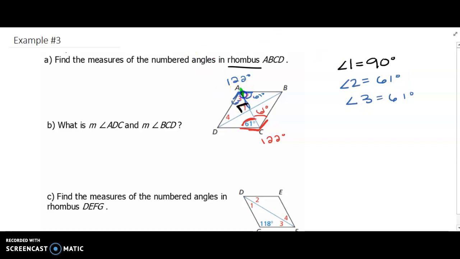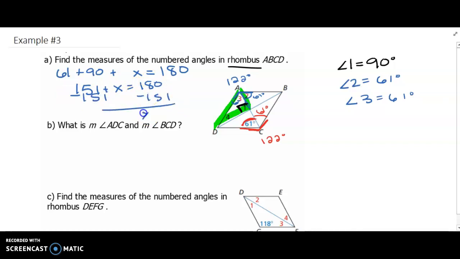Okay, now to get angle 4, I want to look at this triangle here. Okay, I know all three of these angles have to add up to 180. So angle 3 is 61, angle 1 is 90, and I don't know angle 4, I'm just going to call it x, equals 180. Okay, so 151 plus x equals 180, minus 151, I get x equals 29.